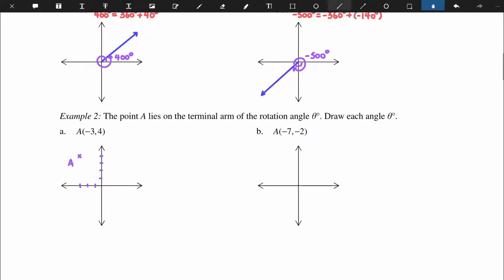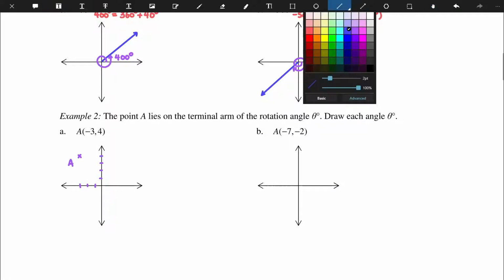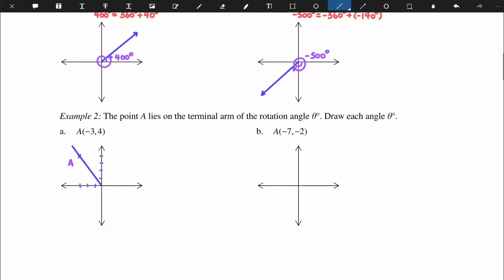And we can add in our terminal arm. So the rotational angle should look like this. Now we don't know the degree measure, but we do know where the terminal arm is going to be.